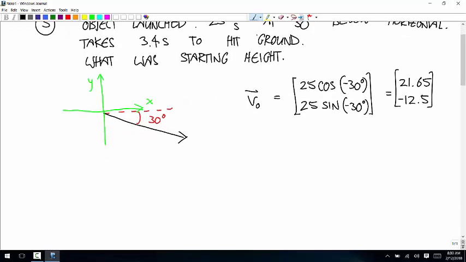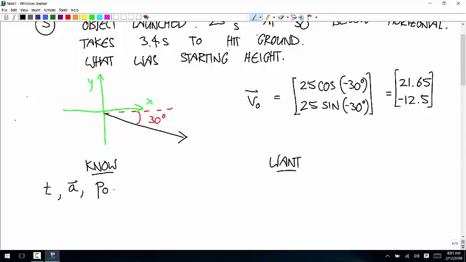And then if you put the coordinate system on the ground right below where it was launched, I mean, you can put it wherever you want, but that's where I would always put it. What do you know? You know the acceleration because it's free fall. You know time final, just time t, I guess. You know the initial position. No, you don't.